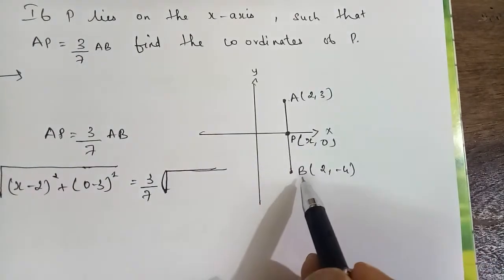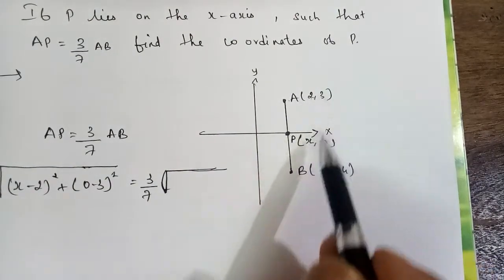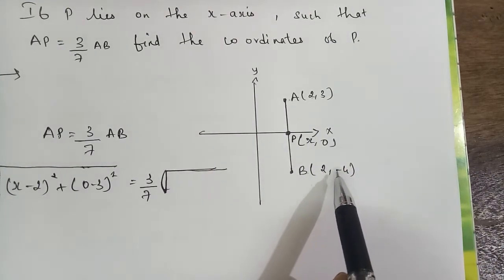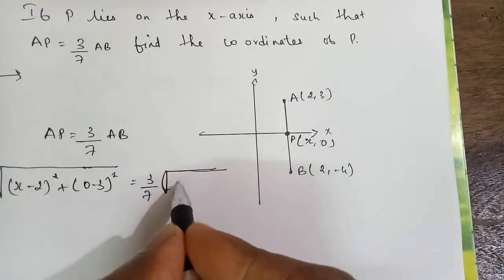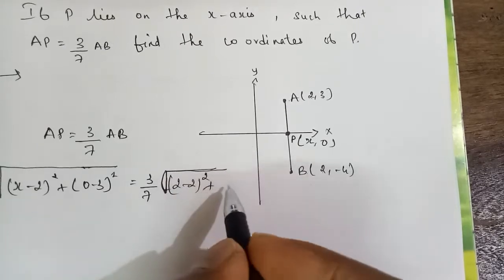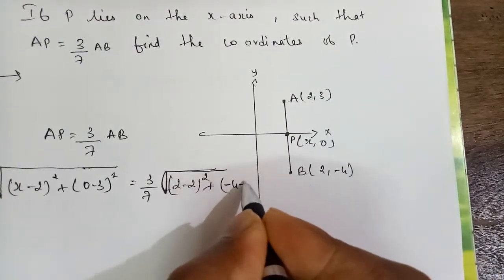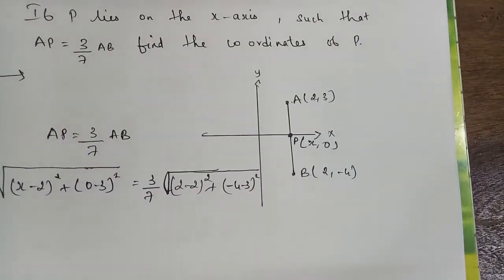This is our AB. Now in AB we take this as x1, y1 and B will be x2, y2. That should be kept in your mind. So we have 2 minus 2 the whole square plus minus 4 minus 3 the whole square. We will be having it like this.